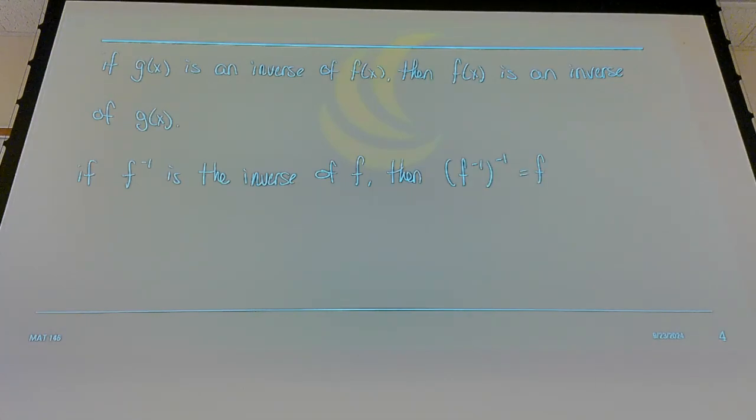They kind of say the same thing. And so the inverse of f inverse is just the original function.